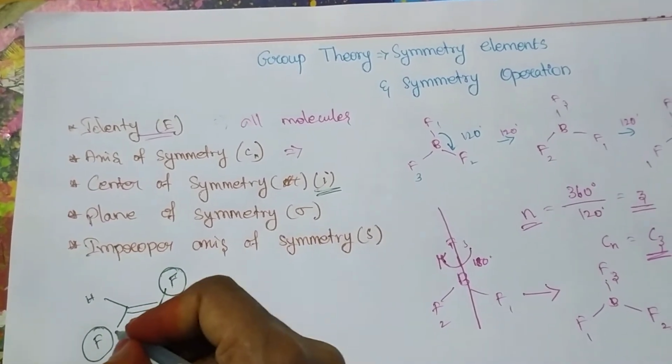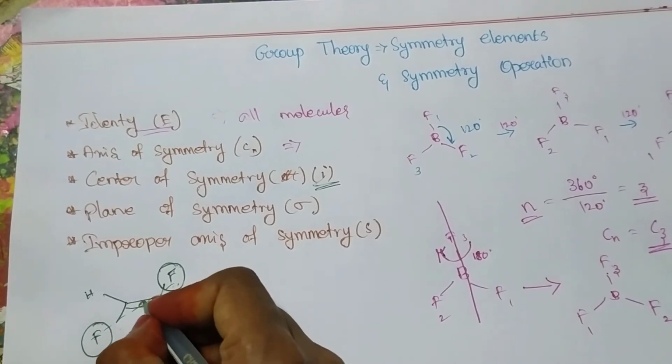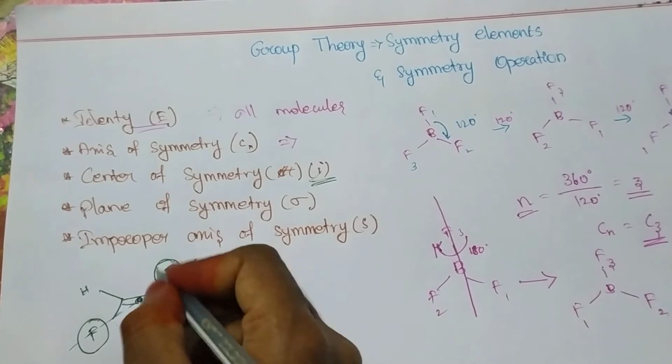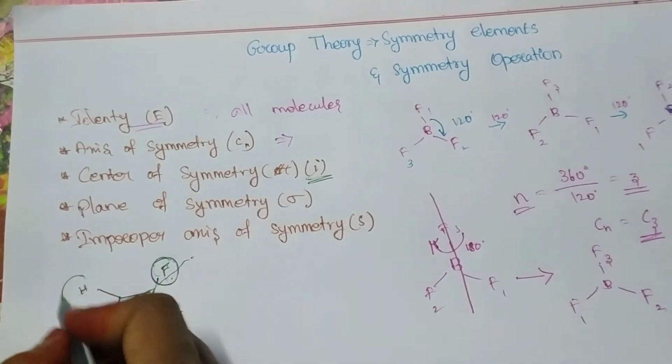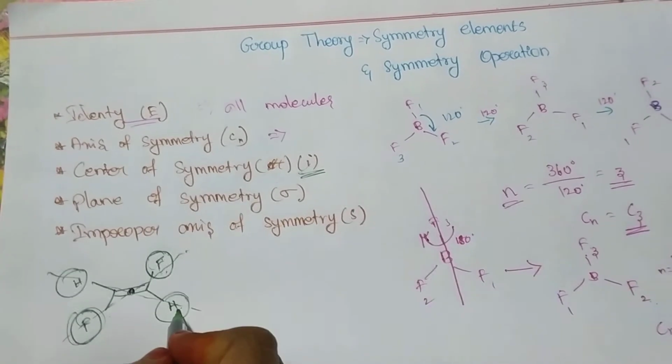In transposition we get the same atom. In this axis we see the same atom, and when we view in this axis, the same atom.